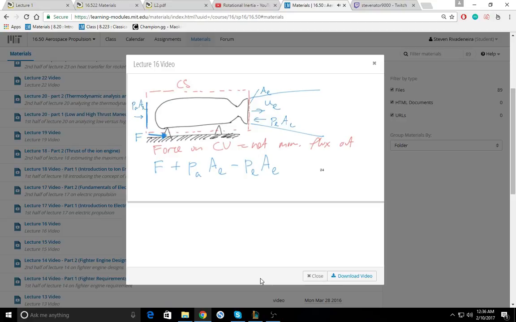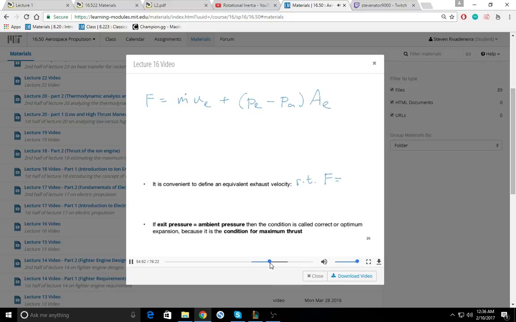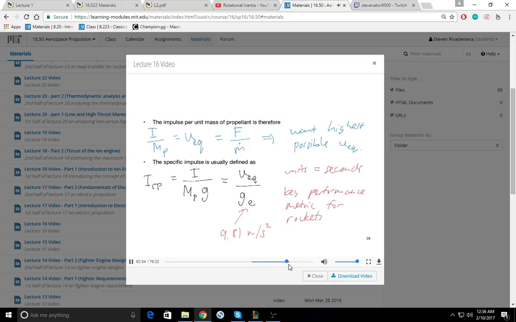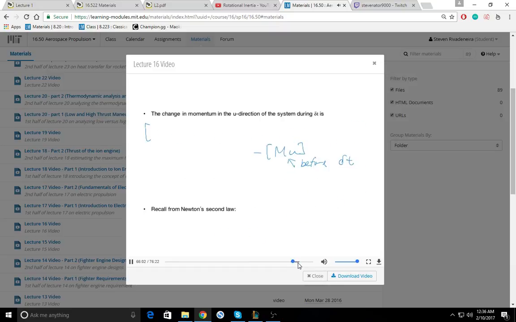And so that's the net force towards the right. And the momentum flux out of the control volume is just mass flow rate times exit velocity. Our thrust is m dot UE plus (PE minus PA) times AE.